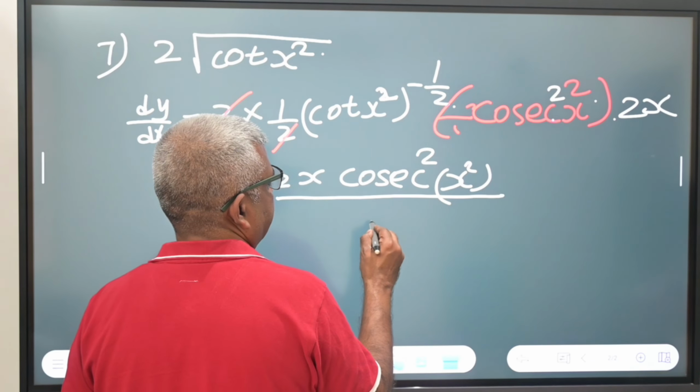So what will happen? Minus 2x over sin x squared times square root of... 2 sin theta cos theta is sin 2 theta. We have to make it a square root. So the answer is minus 2x root 2 over sin x squared times square root of sin 2x squared. Great. Copy down until now.